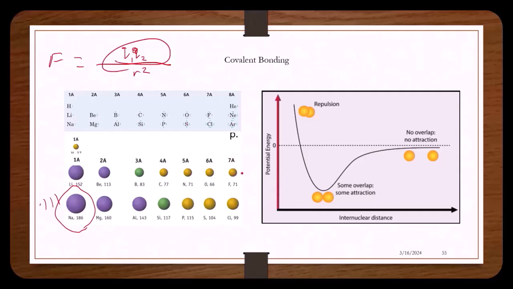And you can see that there's a lot of electronegativity because they're so small. What that means is the protons are pulling the electrons in towards it because there's so much attraction from all the point charges that don't have to go through all the layers of shells that a metal like sodium would have to go through.